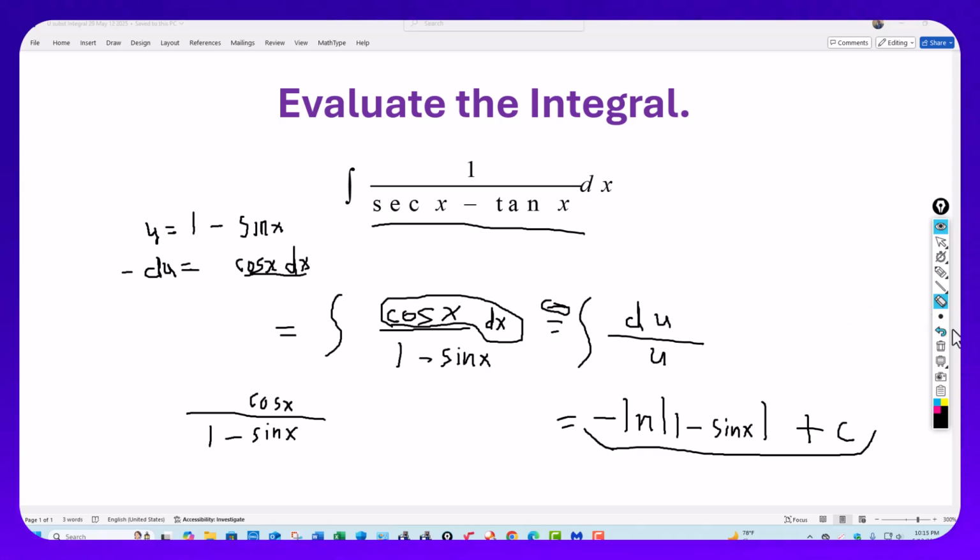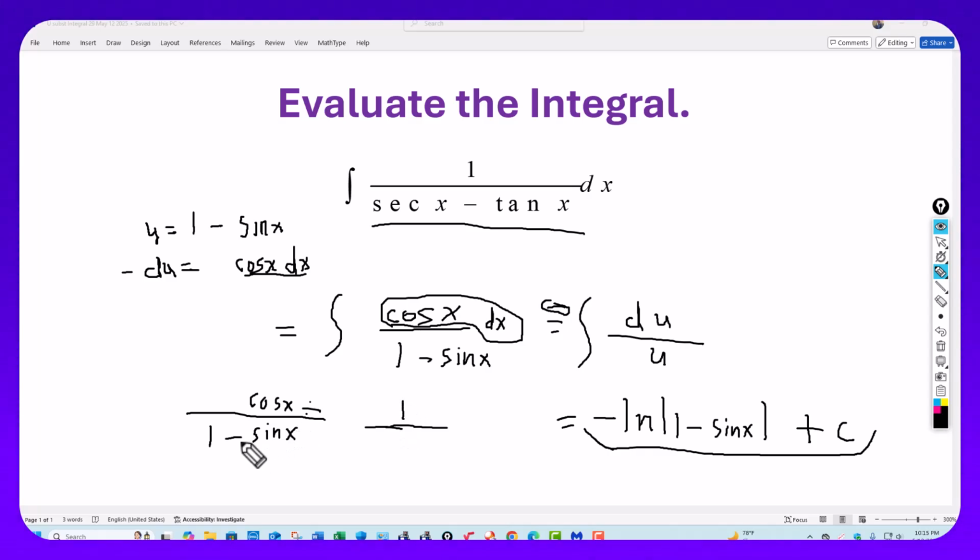So that's the derivative. Now we want to show that that gives you the integrand. So it's kind of reversing your steps here. We divide the numerator by cosine, and we get 1.